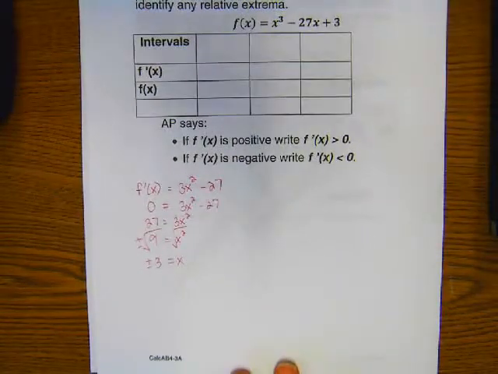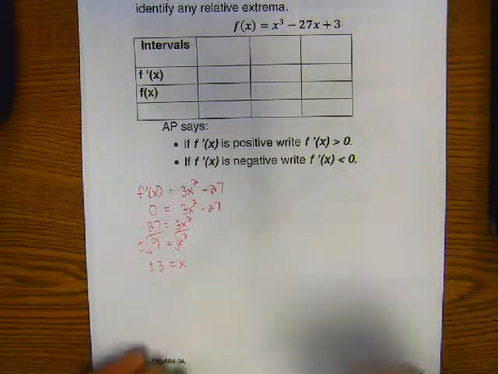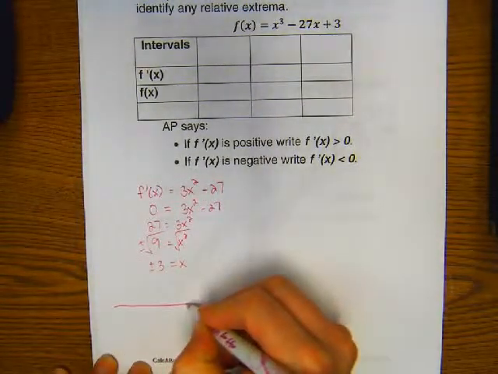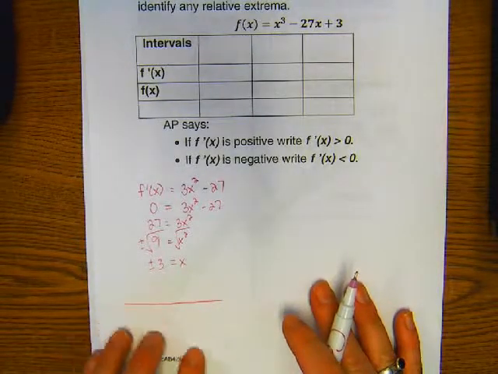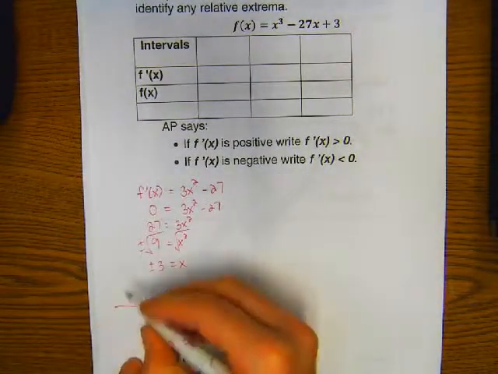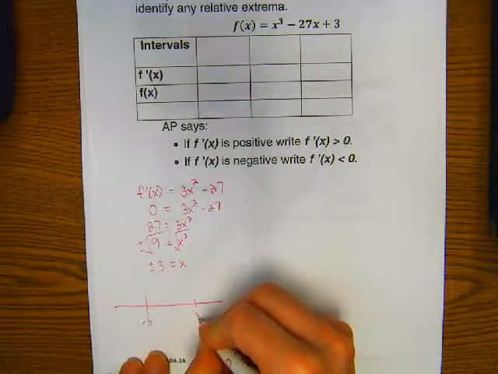These are critical numbers, therefore they are potential sign changes. So I like to do a little sign chart here, with the values negative 3 and 3.